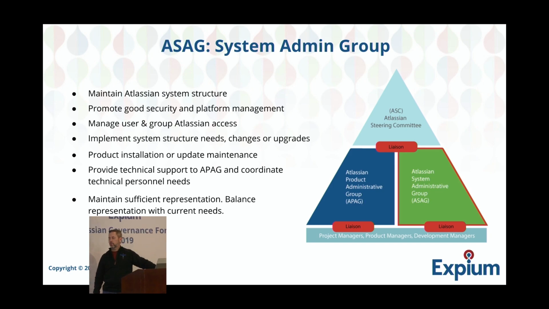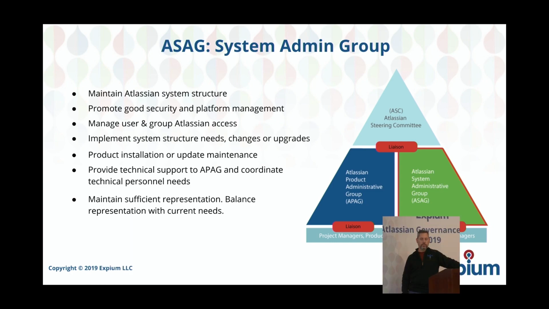System activities is going to be, okay, how do we connect users into Atlassian tools? What is the platform that we're using and how is that platform structured? For example, if you have an Active Directory, the people in the system group are probably going to be the ones responsible for managing the Active Directory. How does that Active Directory tie into Atlassian groups? How are groups and users set up in that Active Directory? Once it gets tied into Atlassian groups like Jira, how are we using users and groups versus roles to actually implement that?